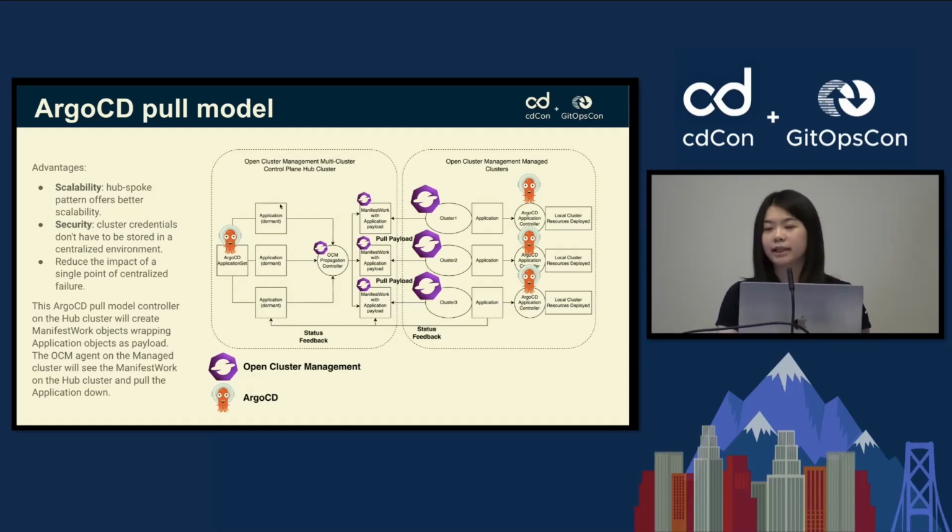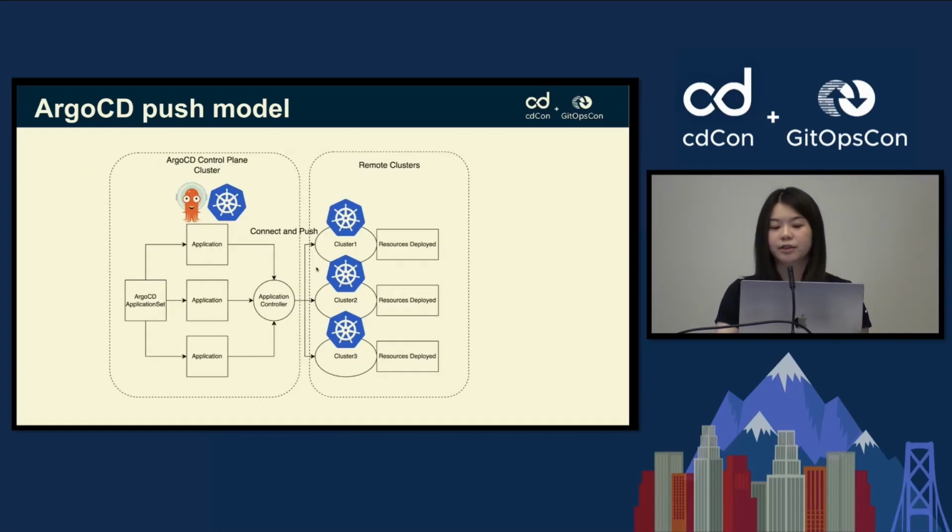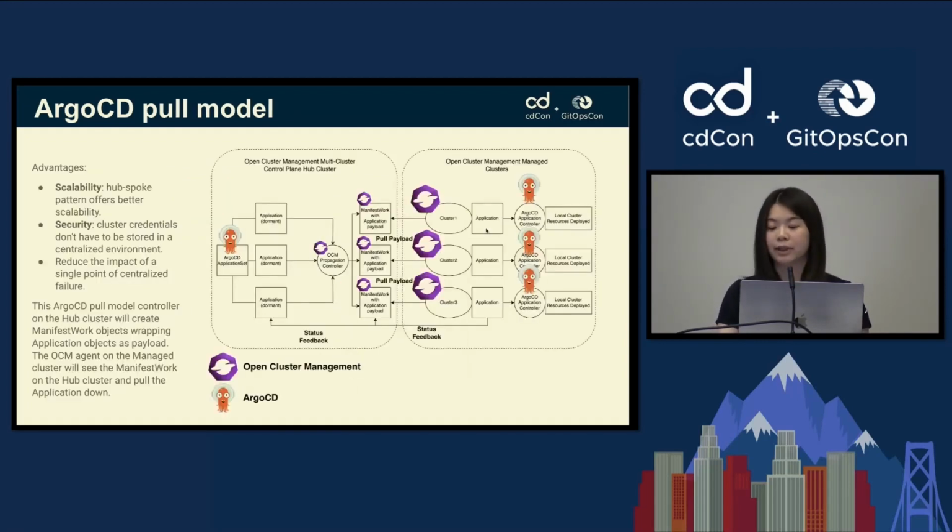But instead of connecting to the managed cluster and deploying resources directly, our OCM propagation controller sees those applications and creates ManifestWork objects, wrapping the application objects as payload. Our agent on the managed cluster is going to see them and pull the application from the hub to the managed cluster. As you recall in the previous slide, there were no applications on the managed cluster, but now we have an application on each managed cluster.